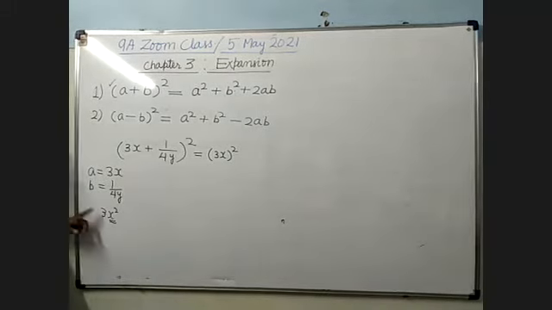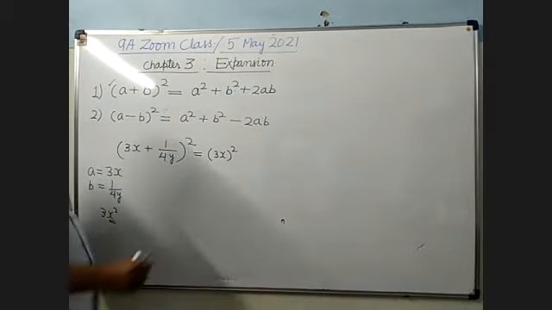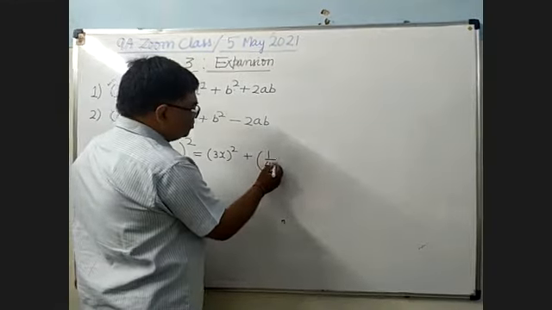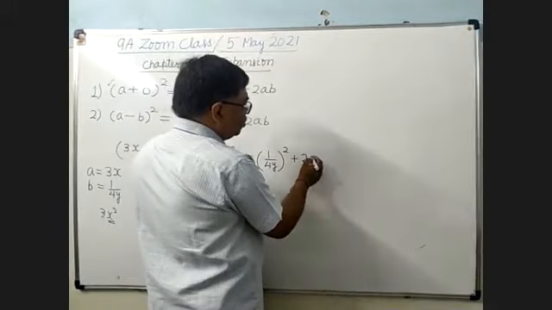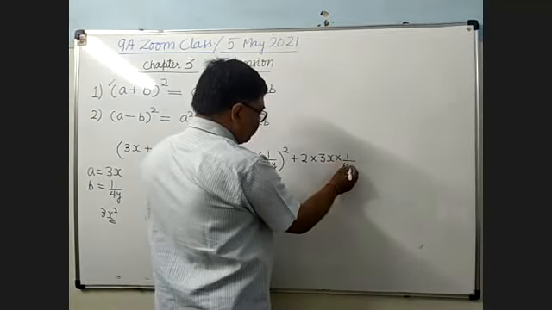When you write it this way, that is not correct, because here there is only the square of x, not of 3. That's why you will place it inside the bracket. Then b square, that is (1 upon 4y) whole square, plus 2 into 3x into 1 upon 4y.